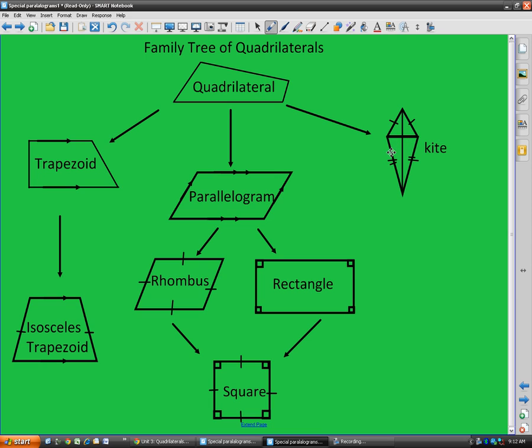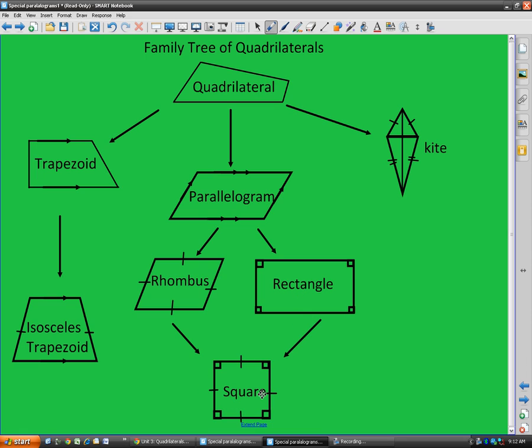And then we have our parallelogram group, and our parallelogram group is kind of more like a circle, because for the parallelogram, we have a rhombus that is basically a parallelogram with four congruent sides. We have a rectangle, which is also a parallelogram with four right angles, and if we were to squish the rhombus and the rectangle together, we get a square because it has four congruent sides and four right angles.